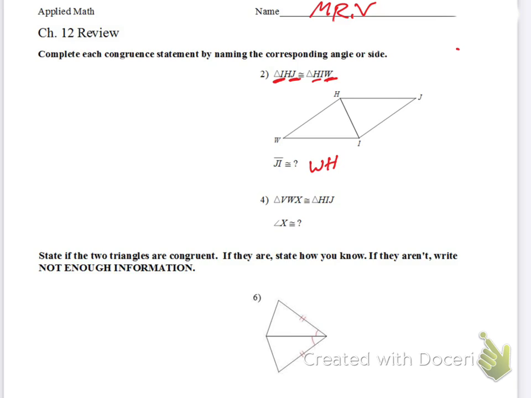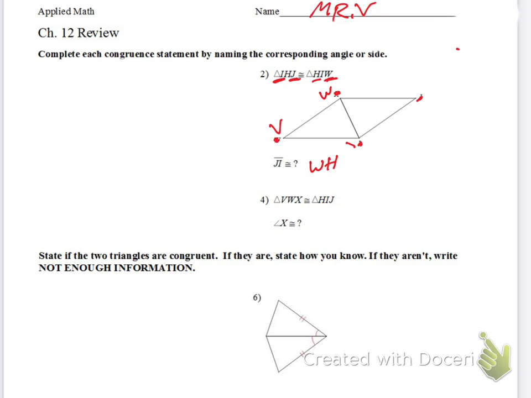All right, so now what we can do is cross these out and reuse them. So we have V, W, X is equal to, actually nope, we can't do that.